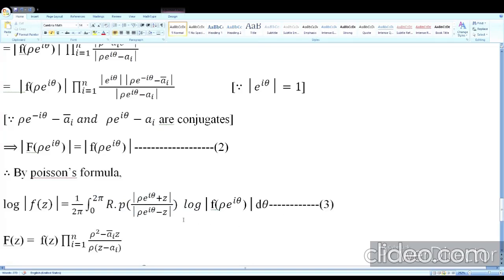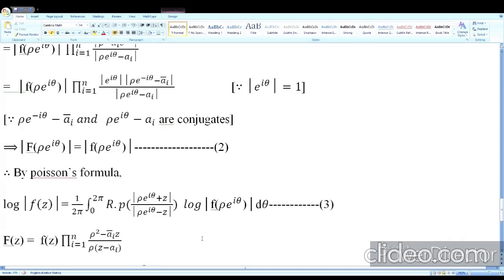Now we consider Poisson's. By Poisson's formula, log modulus of f of z equal to 1 by 2 pi integral 0 to 2 pi real part of (rho e power i theta plus z) by (rho e power i theta minus z) log of modulus of f of rho e power i theta d theta.